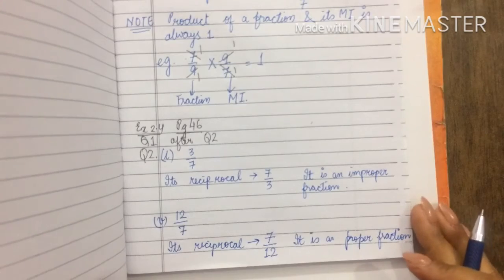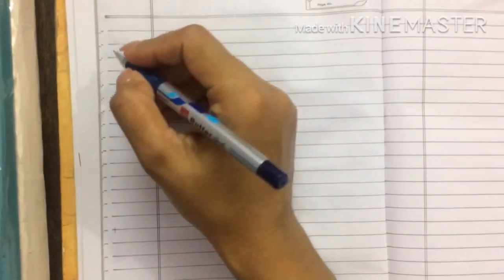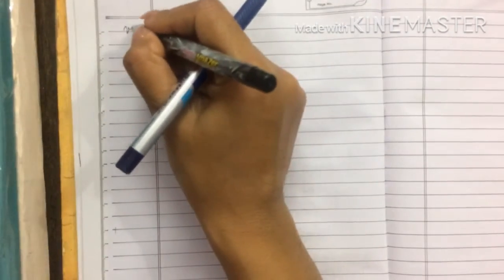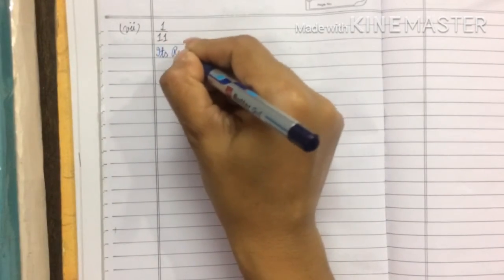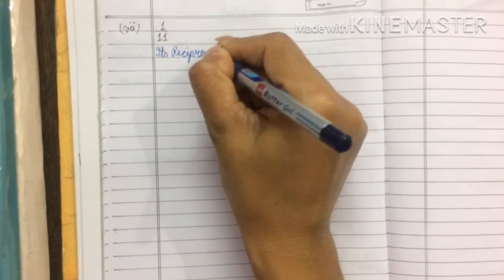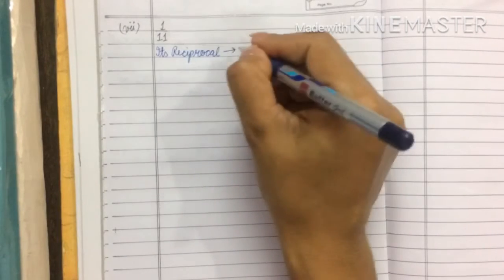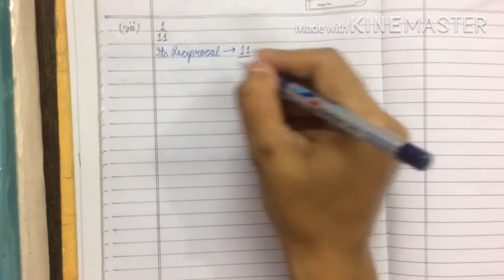Let's do one more part. The next part that we are doing is the 7th part. The fraction is 1 over 11. Let's find the reciprocal. 11 on top, 1 below.